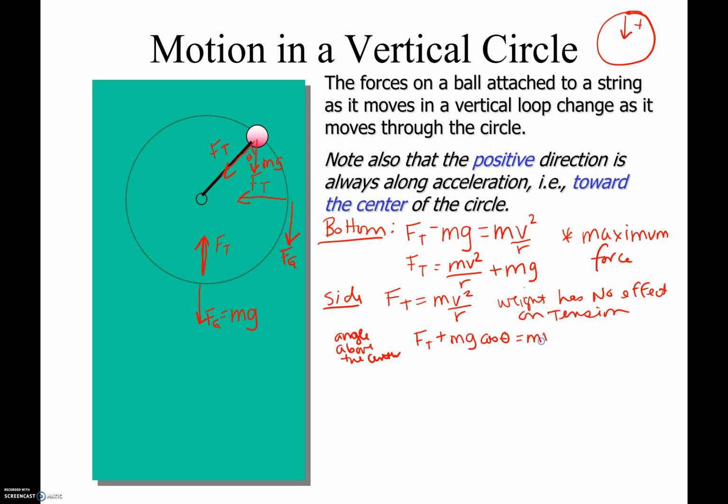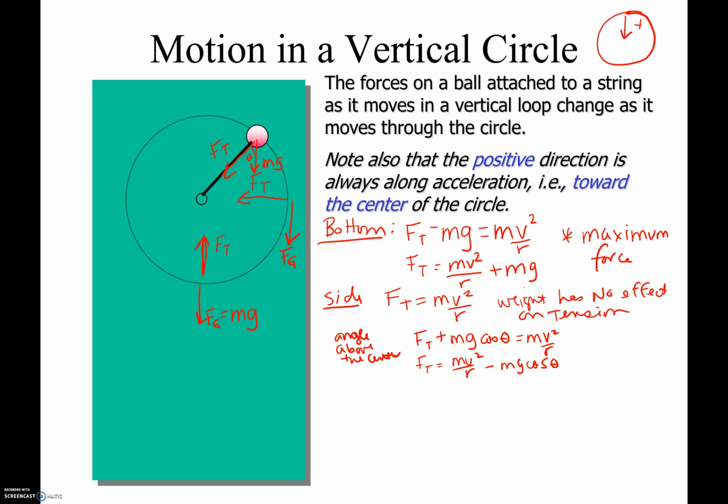And again, that's equal to our circular acceleration times mass. So here we have that the force of tension is equal to mv squared over r, that circular acceleration, oops, that should be minus the component of your weight that's pointing towards the center of the circle.